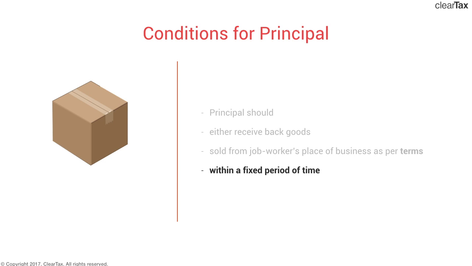The principal should have either received the goods back or he should have sold it from the job worker's premises as per certain terms and conditions within a stipulated period of time. There's an exception. We'll check each of these line items. The first that you'll need to know are the terms attached for sale directly from the job worker's place of business.